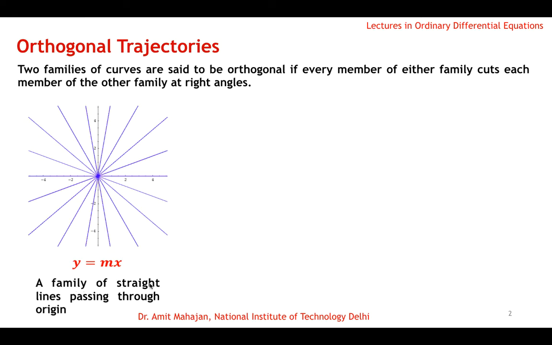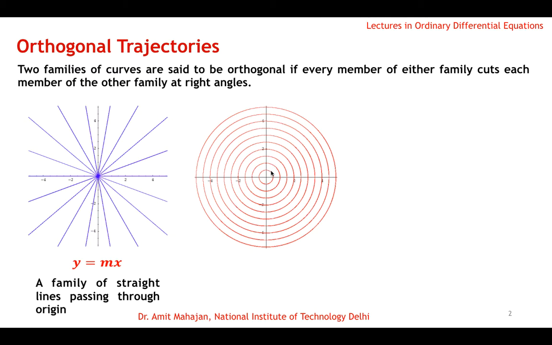It is a one parameter family of straight lines because of the one arbitrary constant present in this equation. Similarly, consider another family of curves which are circles with center at the origin. We know the equation of all these circles is x squared plus y squared equal to a squared.